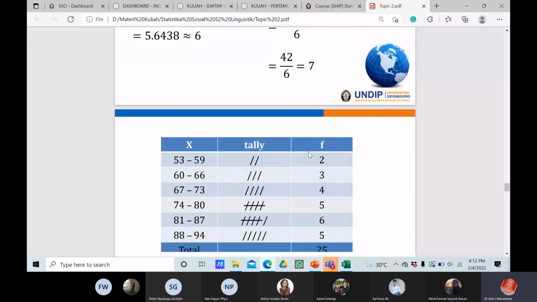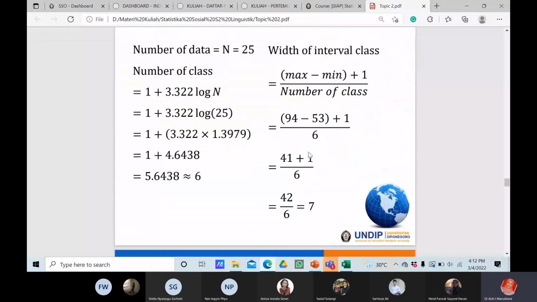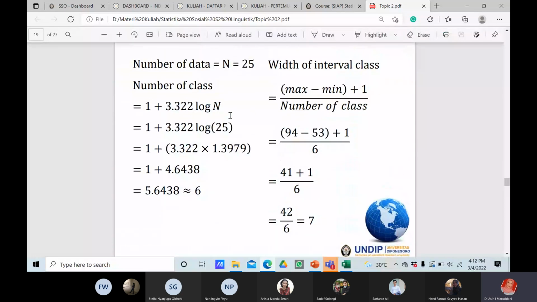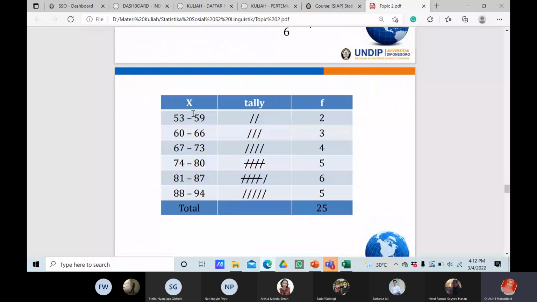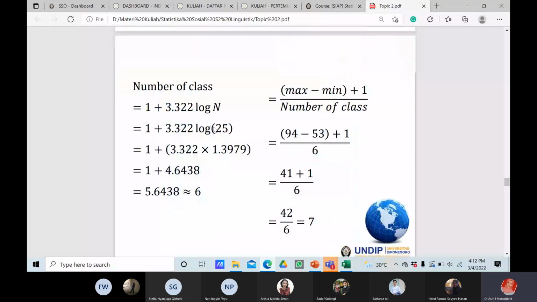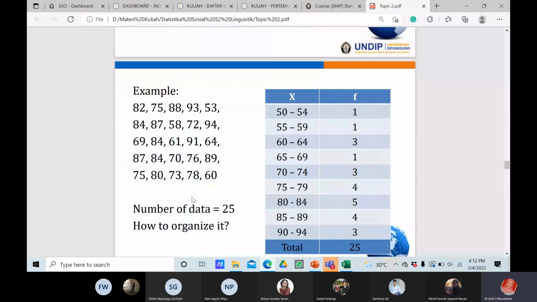Oh, yeah. For the calculation before in this slide, the number of class is 6 and the width of the interval class is 7. Then we write down 53, the minimum value of the data. You can see at the data that the minimum value of this group of data is 53 and the maximum value of the data is 94.